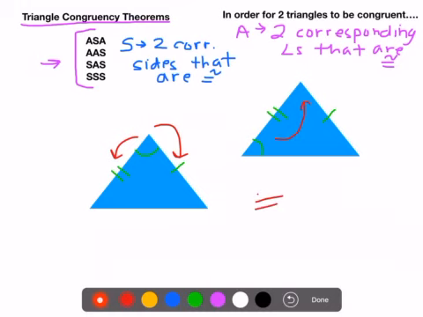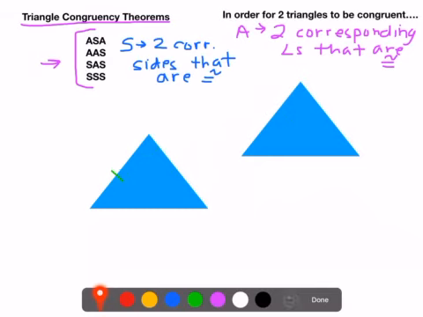So these would not be congruent because we don't have enough information. That corresponding angle is missing. In order to use SAS, we have to have at least one pair of corresponding angles, and we're missing that on this one.